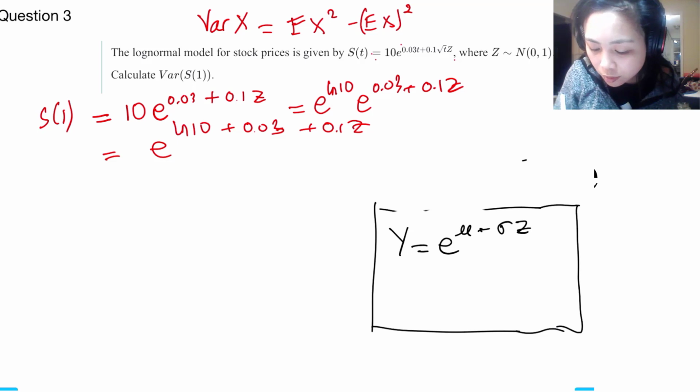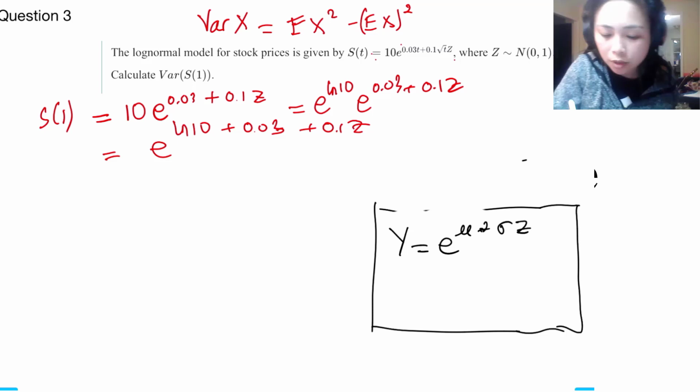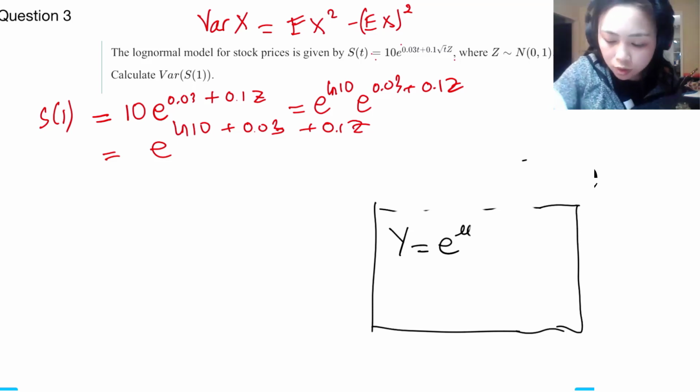Alright, z follows standard normal distribution. So y here follows log normal with mean mu and standard deviation sigma. See that?